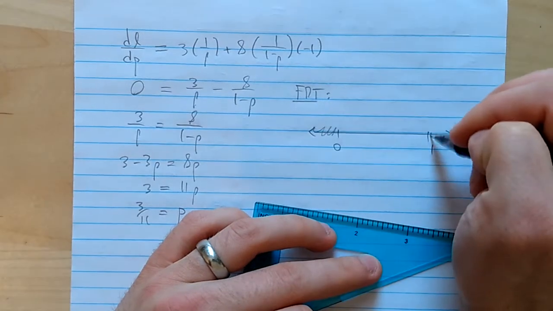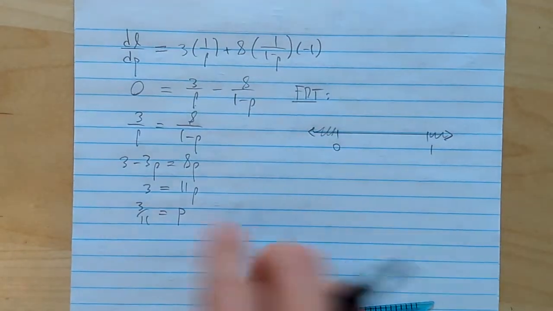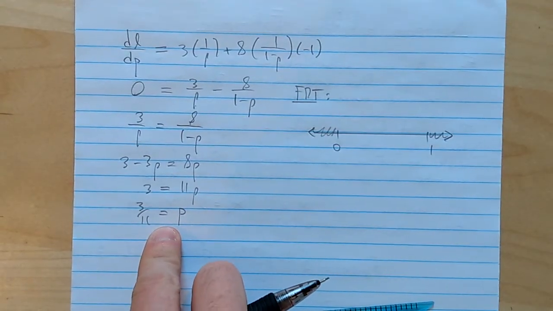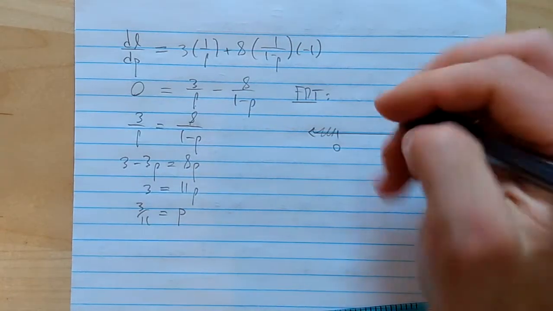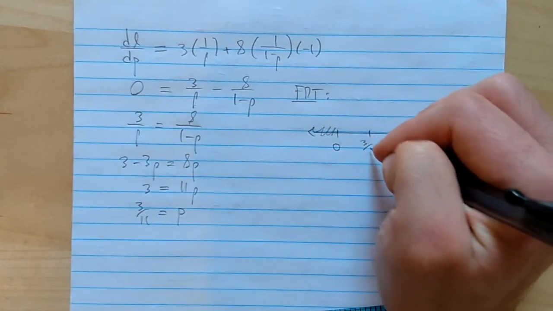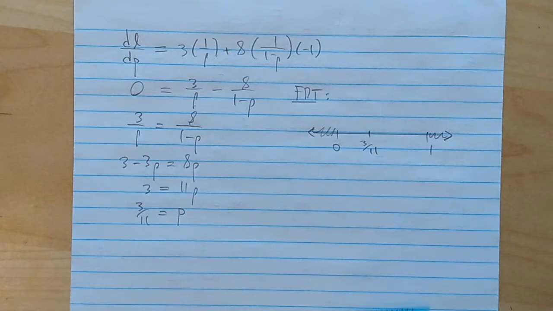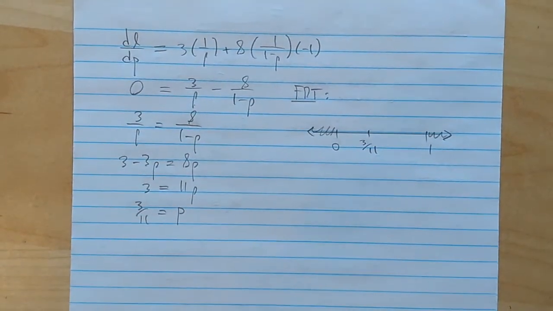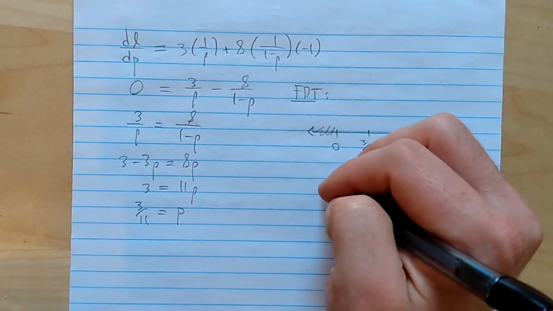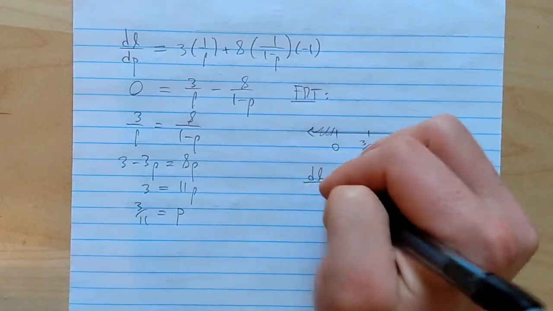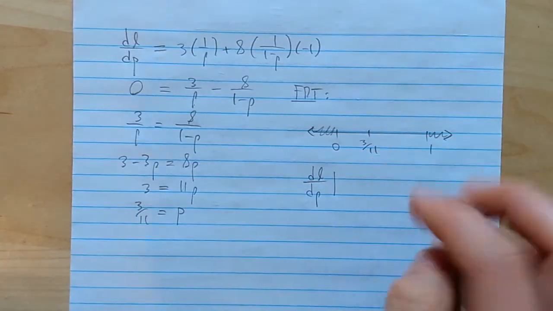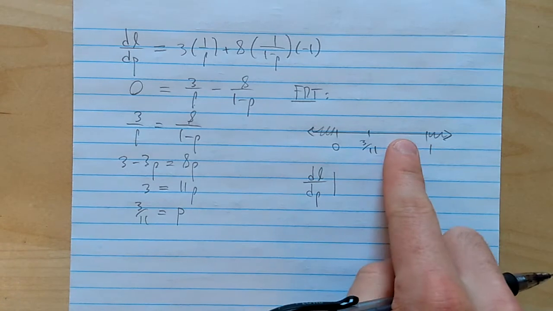I don't care about anything out here. I found a critical point, 3 over 11, which is somewhere around here, maybe. And then to convince myself that there's a max here, one thing I can do is evaluate this derivative at some point smaller than 3 over 11 and some point bigger.